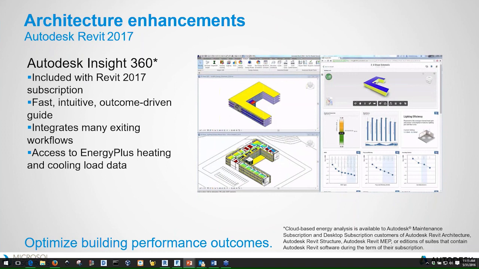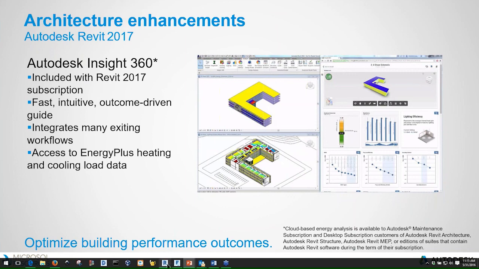So by simply applying a geographical location and utilizing Revit's automatic energy analytical model, you can get some clear guidance and recommendations that's powered by simulation engines. Now, in addition to the DOE 2.2, you also have access through the simulation engine to the energy cost range factors, and it integrates many of the workflows such as Revit energy analysis and lighting analysis, as well as expanding these tools to provide a more holistic approach to building performance.